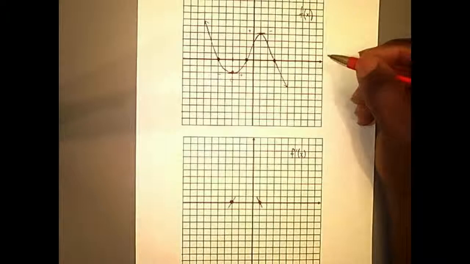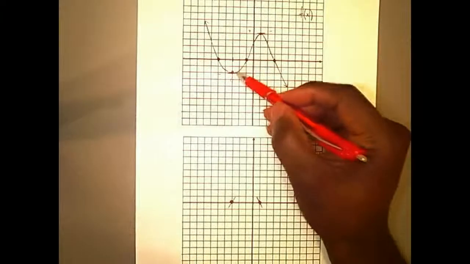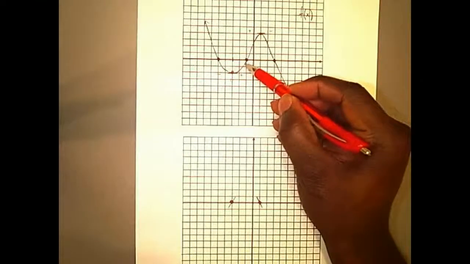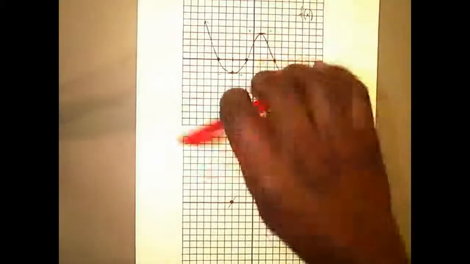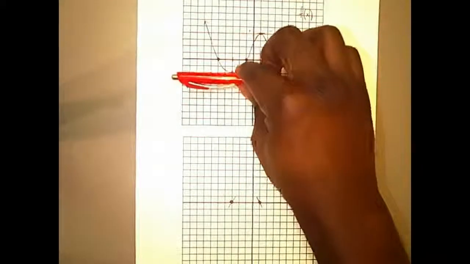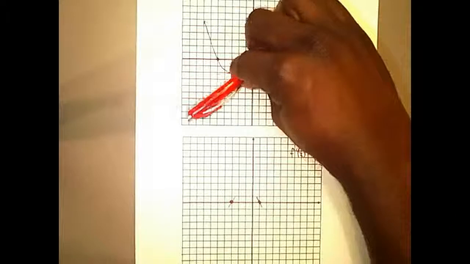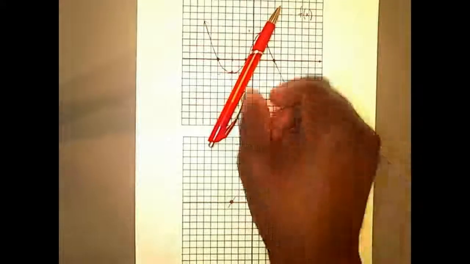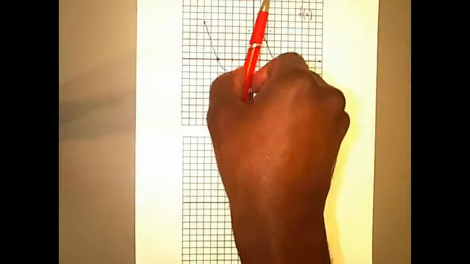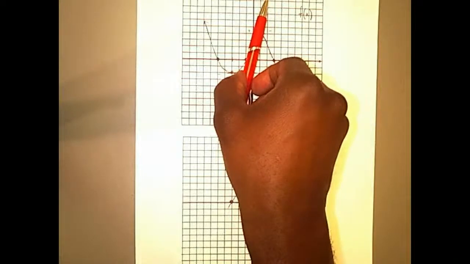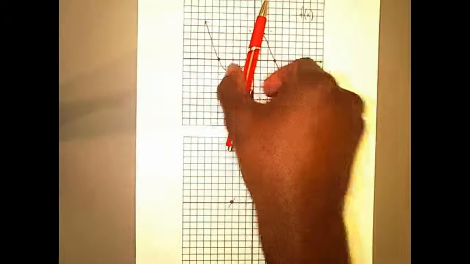The last piece of this is you notice that as these points go up and up and up, if we looked at the slope of the tangent lines, they would increase, increase, increase, and then eventually get to a point where they stop increasing. I'm using my pen to represent the slope of the tangent line.